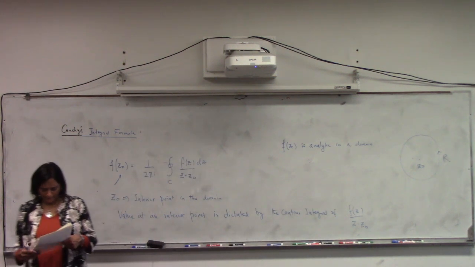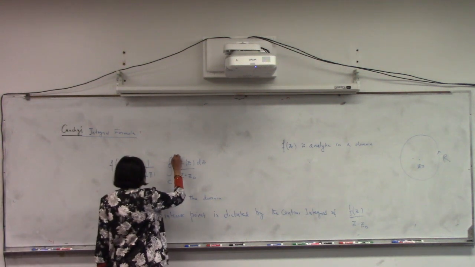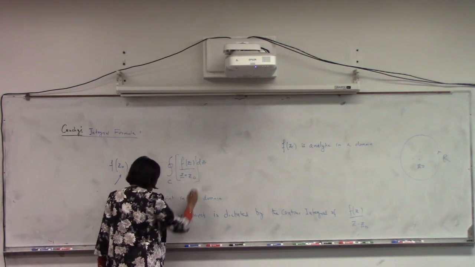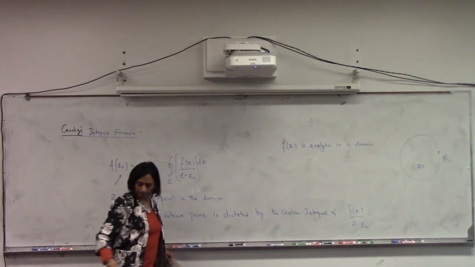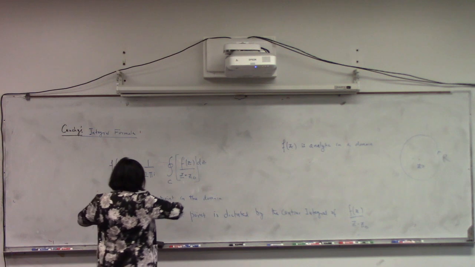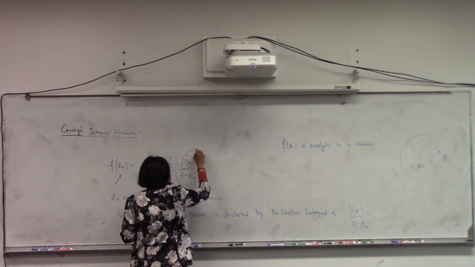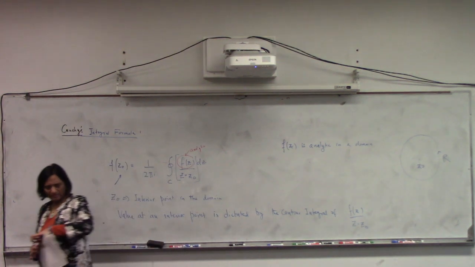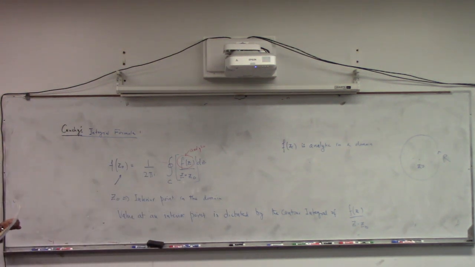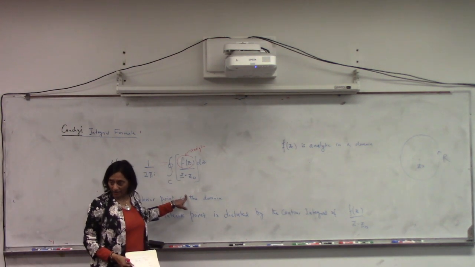So what is the difference here? Your integrand here, f(z), is analytic. What about the integrand in this case? The integrand here is f(z) over z minus z naught, right?